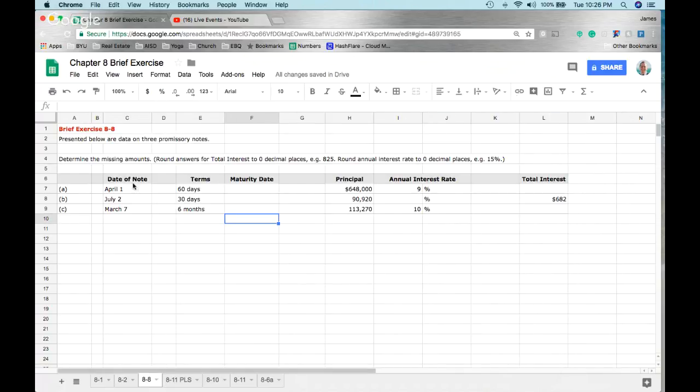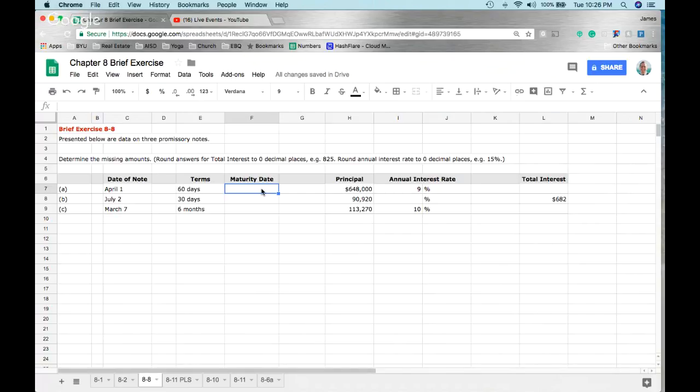Moving on to 8-8. This one's a fill in the blank. This will just be filling in the missing amounts. So the maturity date, we just have to count the days, just look on the calendar.